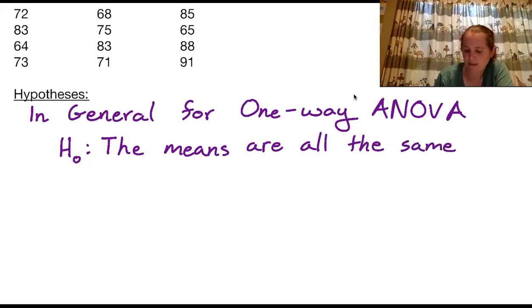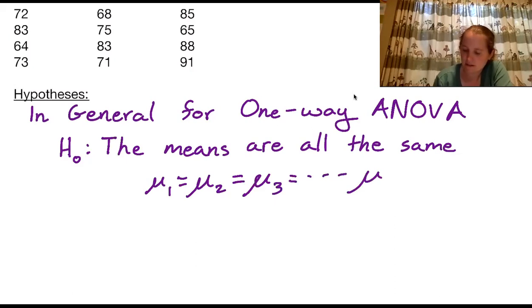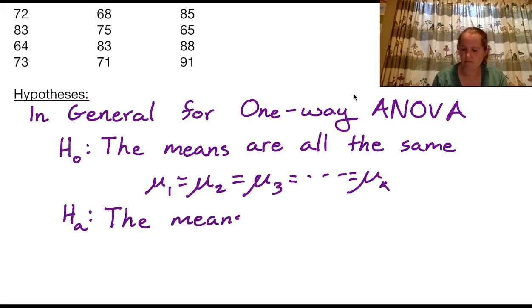It would basically be like mu1 equals mu2 equals mu3, all the way up to however many we have. The alternative hypothesis is simply that they are not all the same. So the means are not all the same.